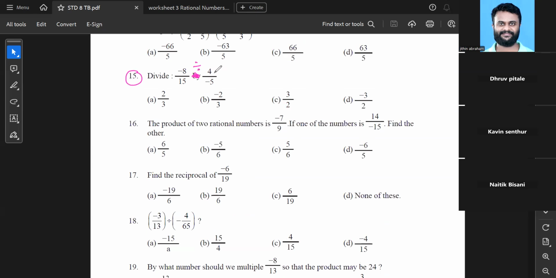So in order to convert this division into multiplication, I'll just swap the numbers. So -8 by 15 multiplied by -5 by 4 it is. So minus and minus get cancelled and become plus basically. And 4 ones are 4 and 4 twos are 8. 5 ones are 5 and 5 threes are 15. That gives you 2 in the numerator and 3 in the denominator. Hence your answer is 2 by 3.